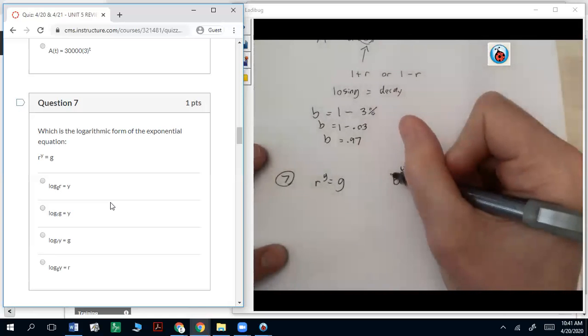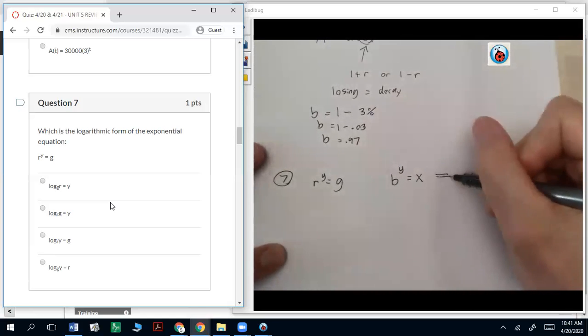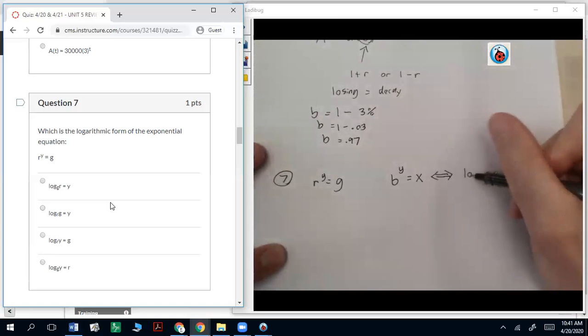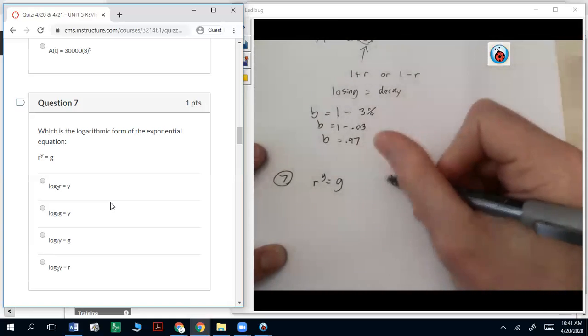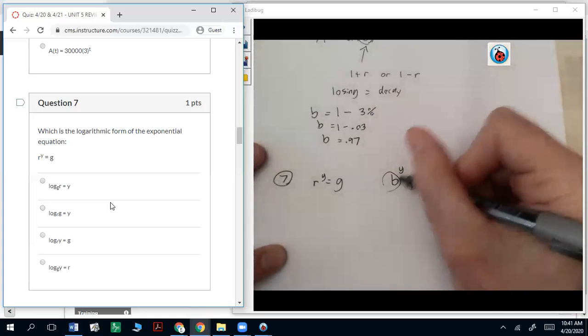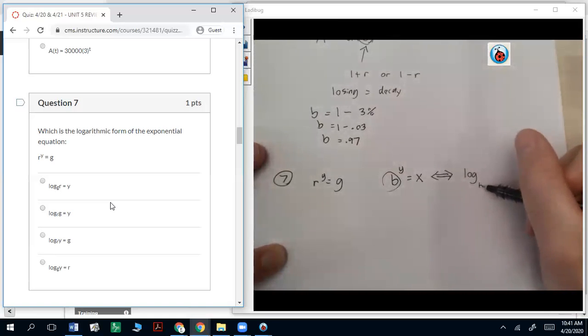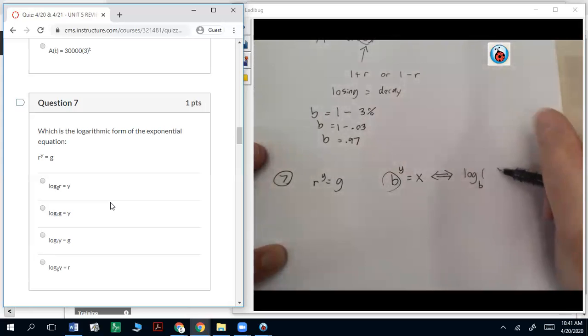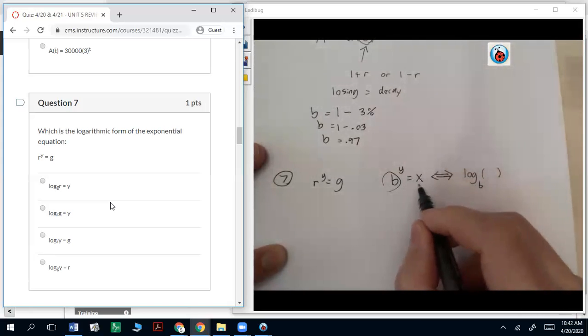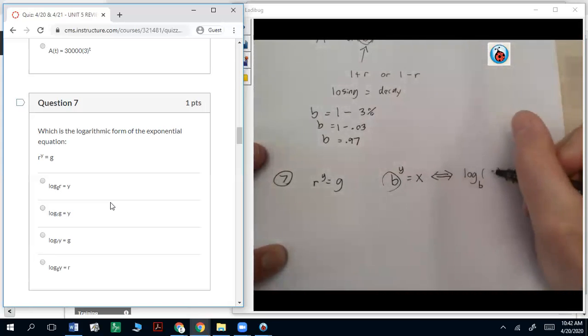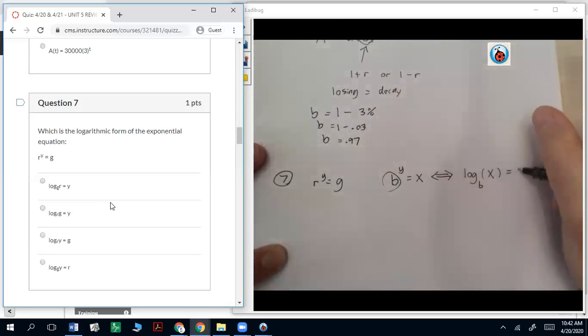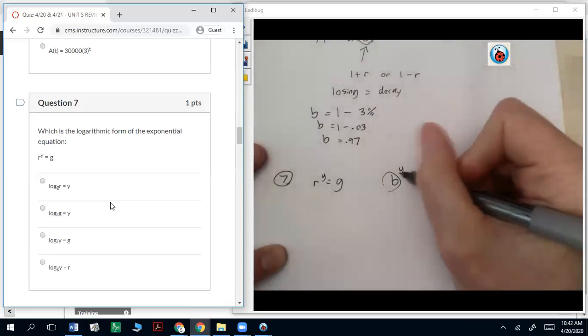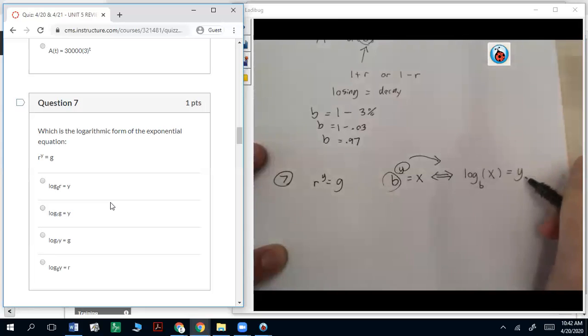So your base is the base in the log. So you write log, and then whatever number or letter is being raised to a power, that's going to be down there. In the log, we put what's on the other side of the equal sign. And then we set it equal to the exponent. So we bring the exponent to the other side of the equation.